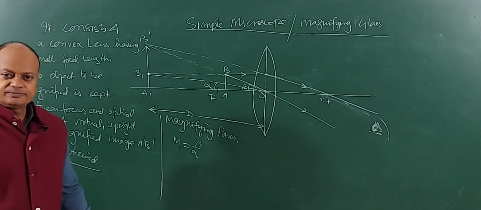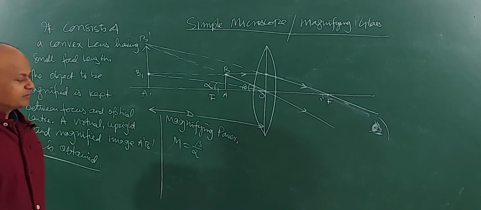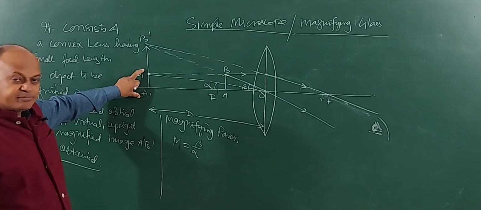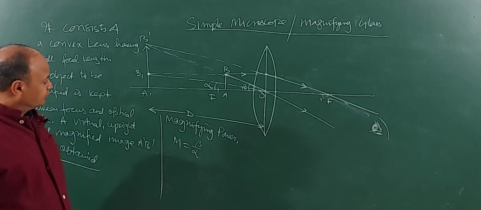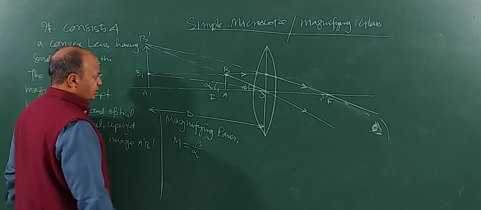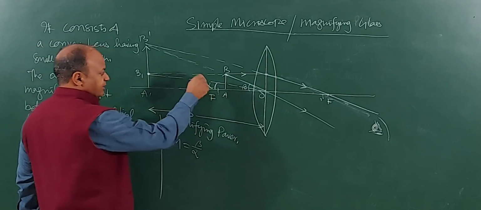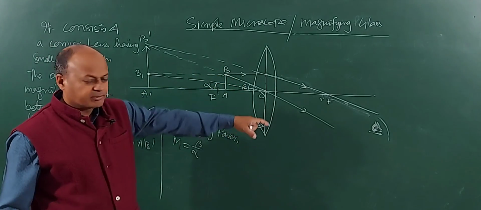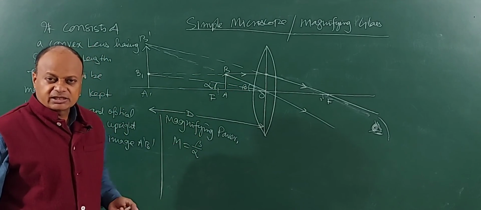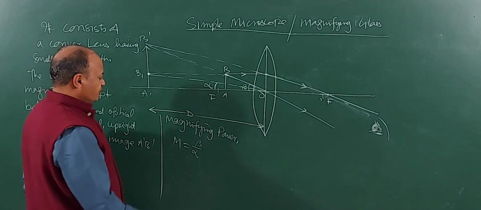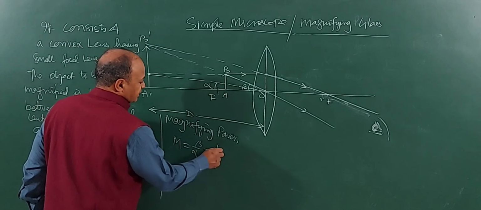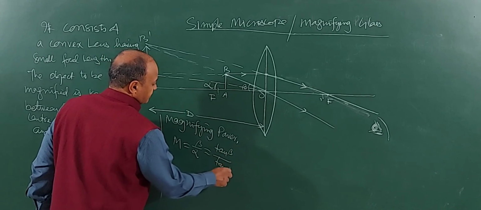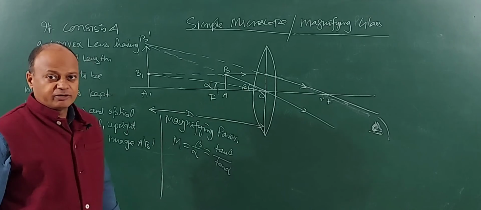Angle alpha. Clear? You must be very clear. See, AB is equal to A dash B1, right? So this will be the angle subtended by the object when I am seeing with the naked eye, and this is the angle subtended by the image when I am seeing with the help of the optical instrument, which is the convex lens, right? So M is how much? Tan beta by tan alpha.